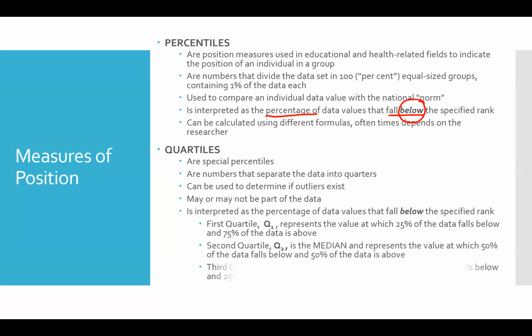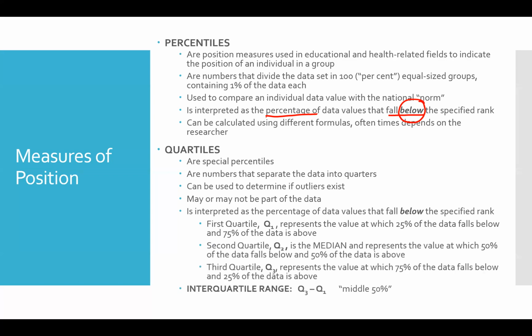I talked about that a little bit earlier, and I also have it delineated here on this slide. You also have what's called the interquartile range. The interquartile range is the middle 50% of the data, and that's between quartile 3 and quartile 1. Again, Minitab is going to calculate it for you.